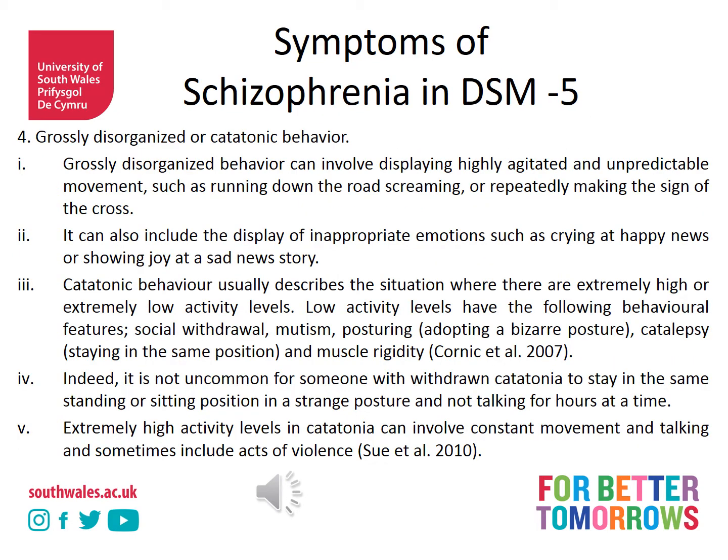The fourth type of symptom described in schizophrenia is grossly disorganized or catatonic behavior. Grossly disorganized behavior can involve displaying highly agitated and unpredictable movements, such as running down the road screaming. Catatonic behavior usually describes situations where there are extremely high or extremely low activity levels.